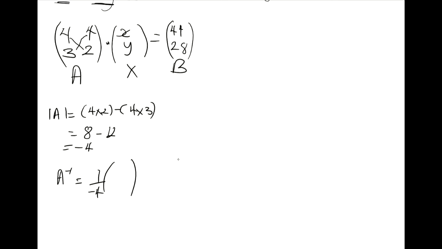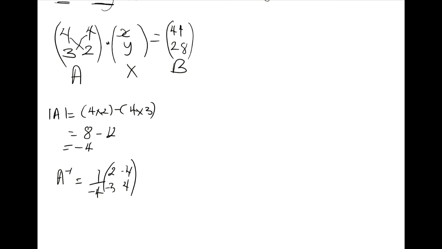The 4 multiplied by 2 will switch positions, so the 2 will go up here and the 4 will come down. The 4 by 3 will stay in the same place, but change signs. They're both positive now, but the 4 becomes negative and the 3 becomes negative. With that being said, we have our inverse.